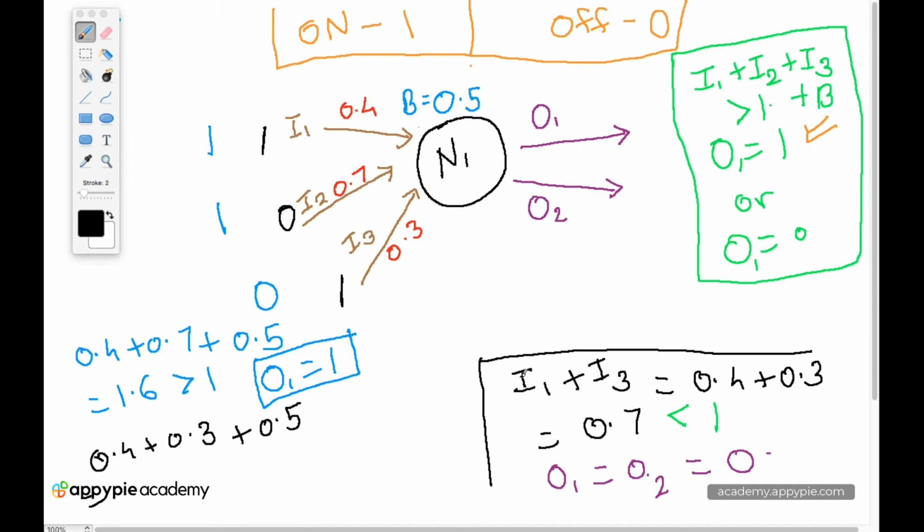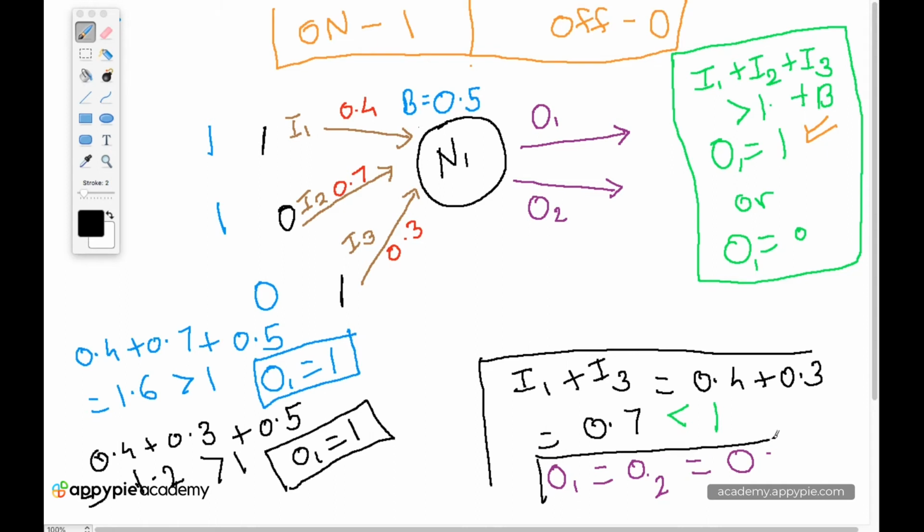So this is 0.7 plus 0.5, and that is 1.2. Now this is greater than 1, and therefore we have output is equal to 1, and over here we had output is equal to 0, which was the previous case where we didn't have any bias.